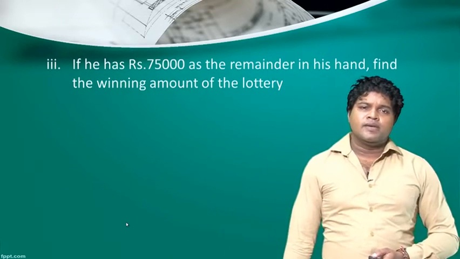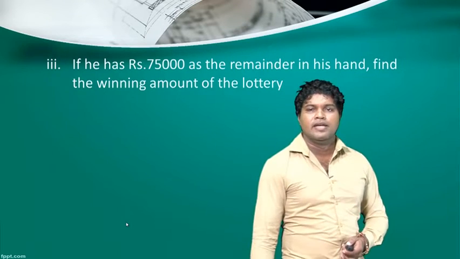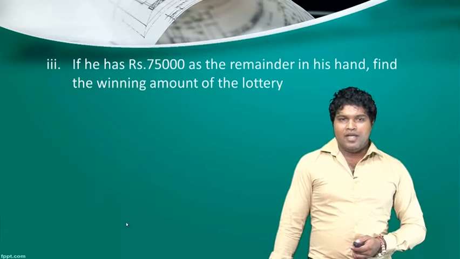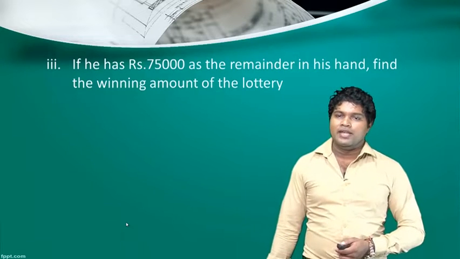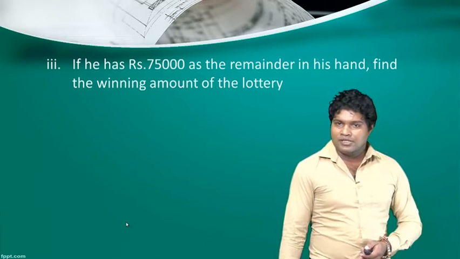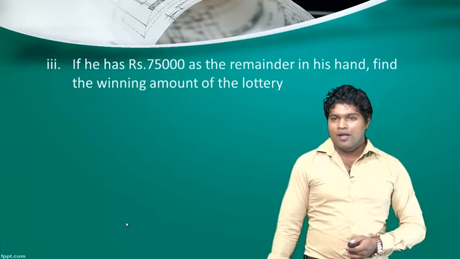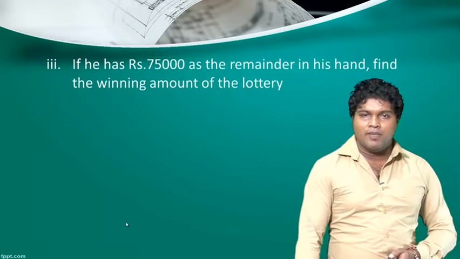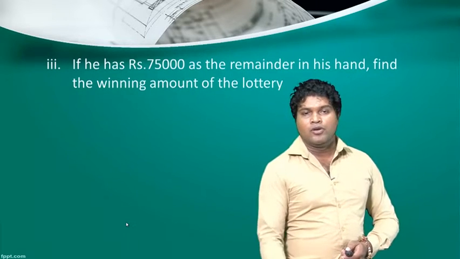If he has 75,000 rupees as a remainder in his hand, find the winning amount of the lottery. 75,000 remaining in his hand. By giving for many purposes, something has remained in his hand, the amount of 75,000.